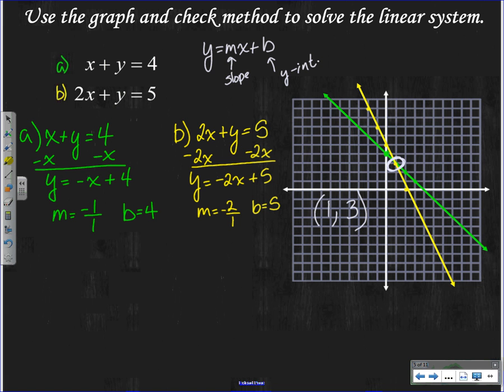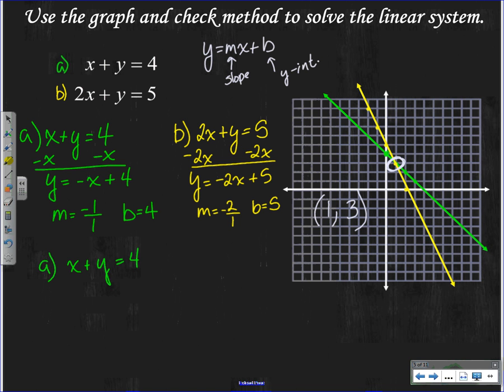Now the directions do say to check it. How do we check that? Well, I'm going to take those two points, an x and y value, and plug them back into my equations up here. So in equation A, equation A says x plus y equals 4.